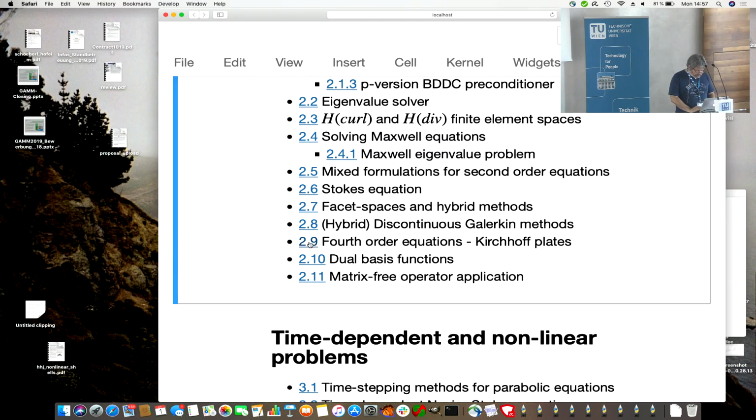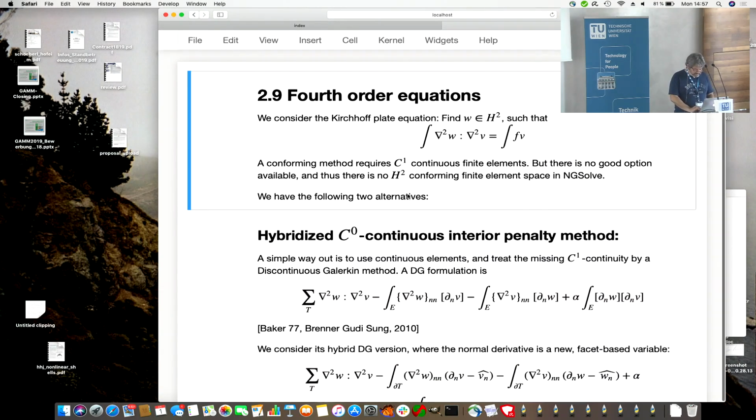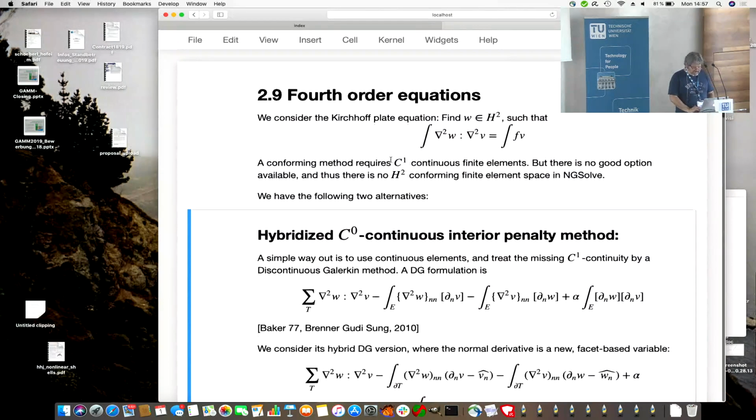Very shortly, we can do fourth order problems like Kirchhoff plate models, the biharmonic equation. Mechanical engineers are more interested in this. We can do plates, and now we can also do nonlinear shells with this technique. The nasty part is that you do not like to implement C1 elements. We don't have C1 elements, which would be needed for a conforming discretization of these H2 conforming problems.